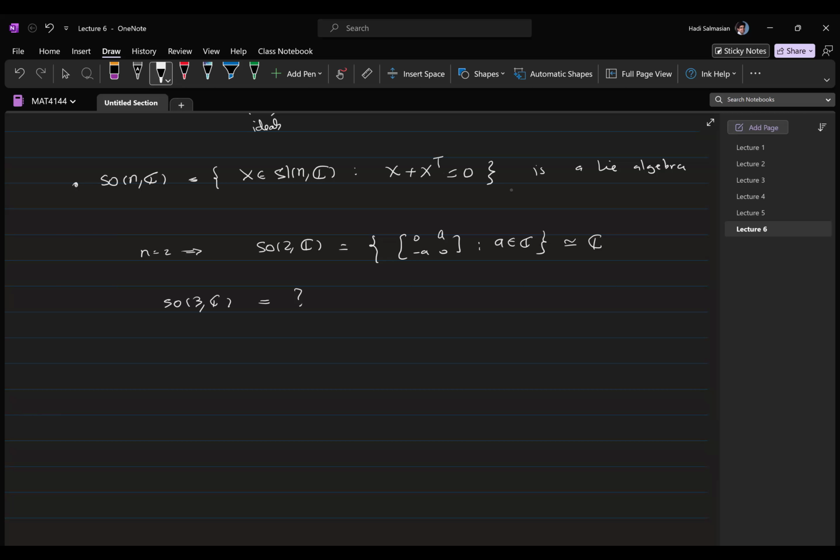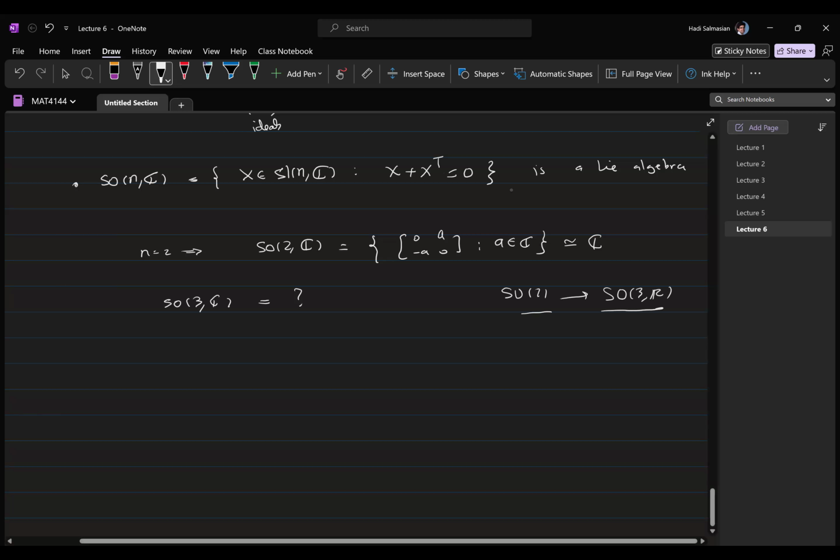Remember in class we proved that there's a homomorphism from SU2 to SO3R with the kernel which is only plus minus 1. There's an almost bijection between the two. It will turn out that there is actually an isomorphism between the Lie algebras SU2 and SO3R. And if you complexify this story, you will see that this is isomorphic to SL2C. So it's simple. All right, so this is n equals 3.